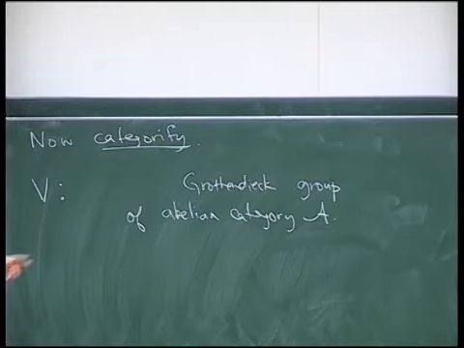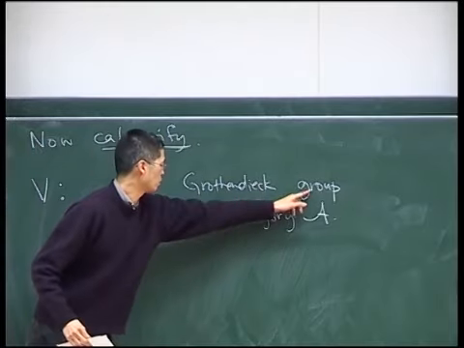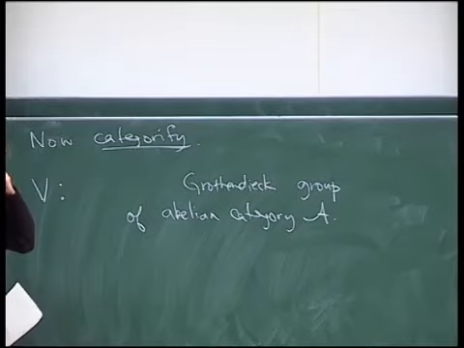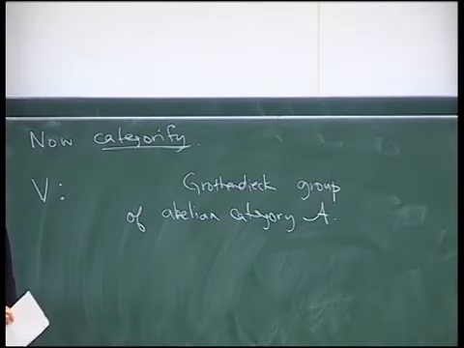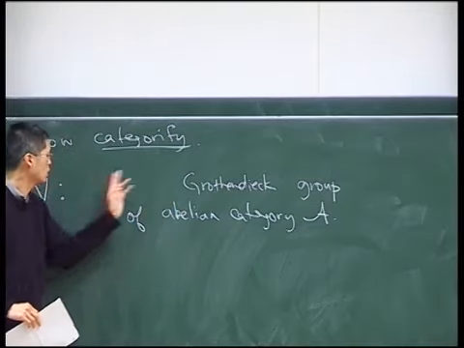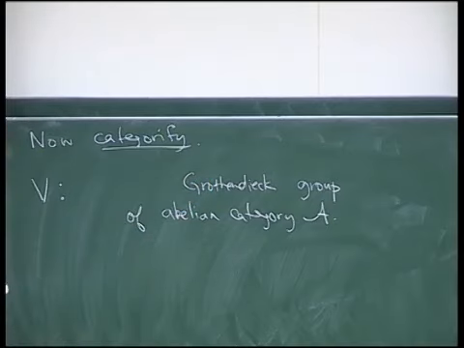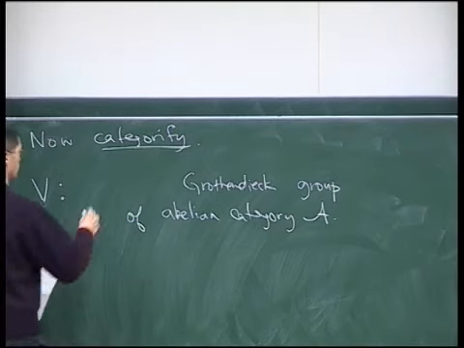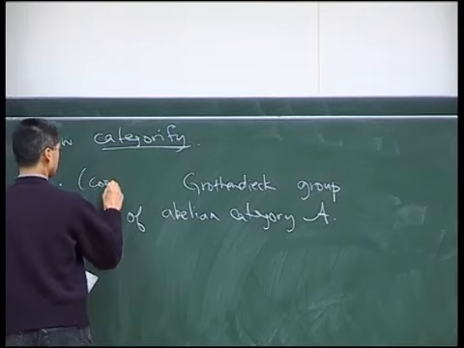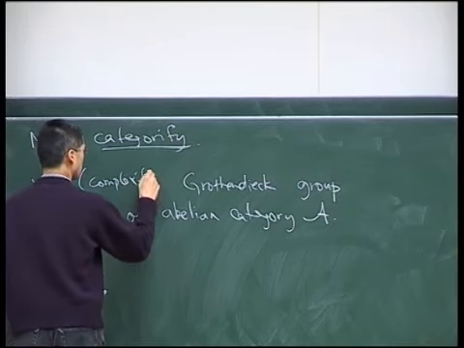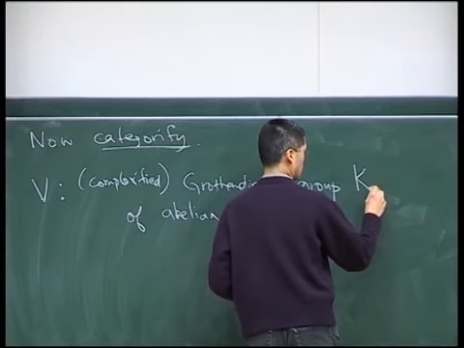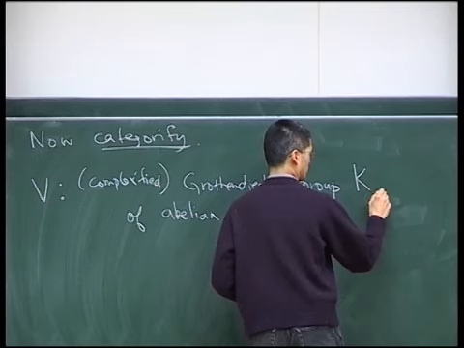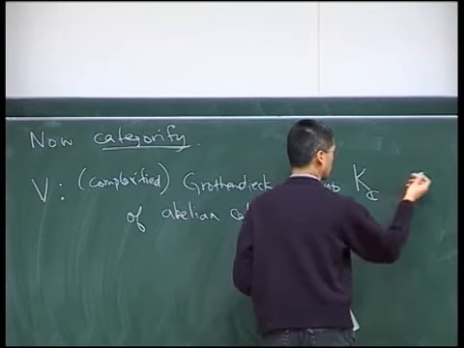Of course, since the Grothendieck group is an abelian group, and in the cases that we're considering it will usually be a free abelian group, we're going to extend scalars to the complex field in order to get our representation space. So I'll use the notation K with a subscript C to denote this extension of scalars.